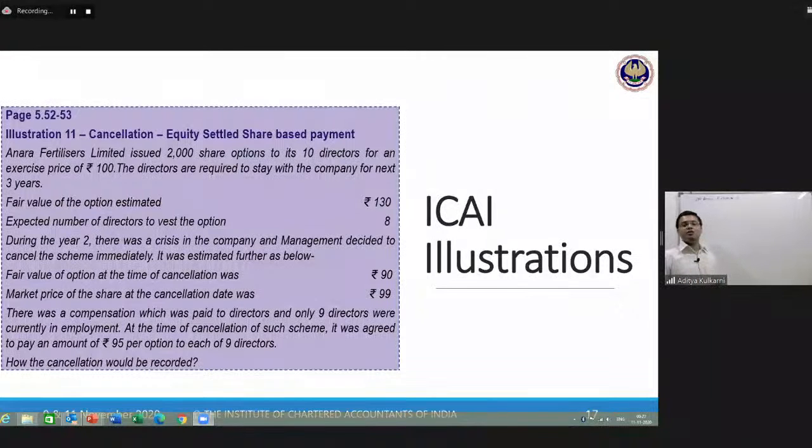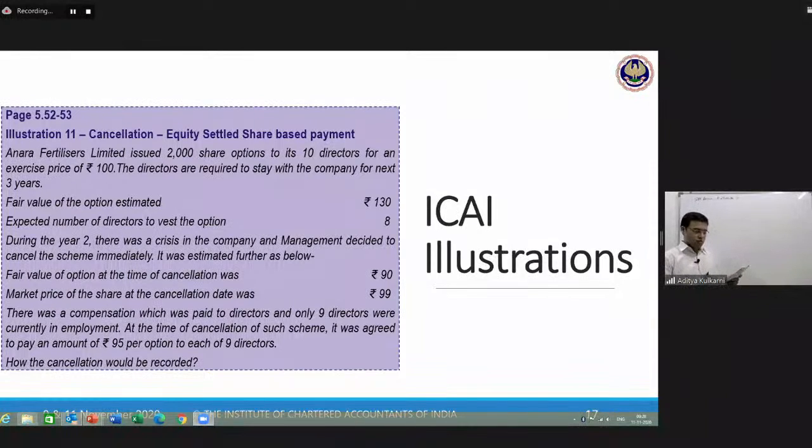So the fair value of the option initially was 130, that has dropped down to 90. So you are telling the employees we cannot give this to you. Instead, we will pay a compensation to you. So 95 rupees is the compensation value that is given in the last paragraph per director, and the fair value of the option as on the cancellation date is 5.